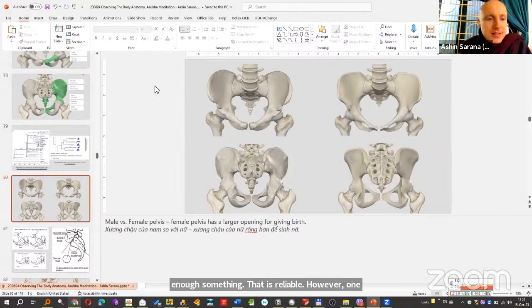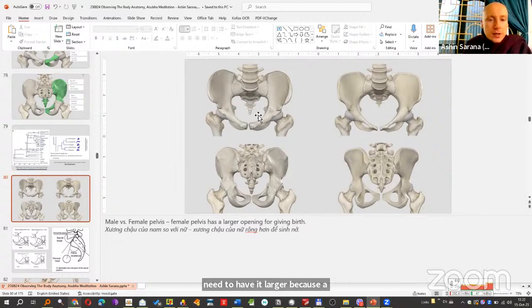However, one thing that's quite reliable, and still there will be some exceptions, is the size of the space between the two pelvic bones. The gentlemen do not need to have it large. They have it smaller. Ladies need to have it larger because a baby is supposed to go through.